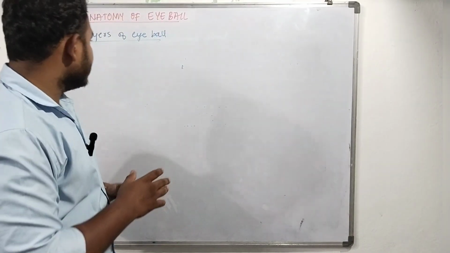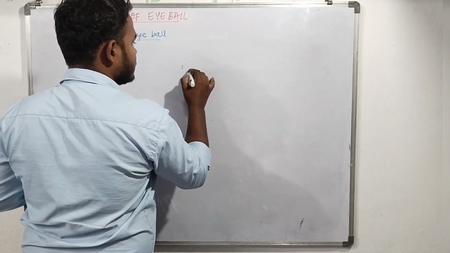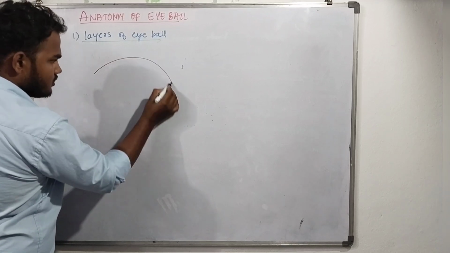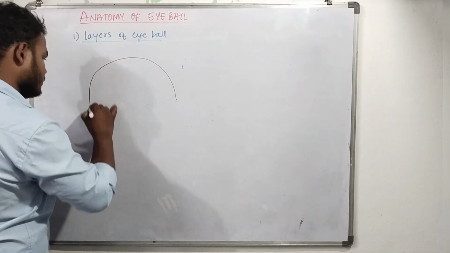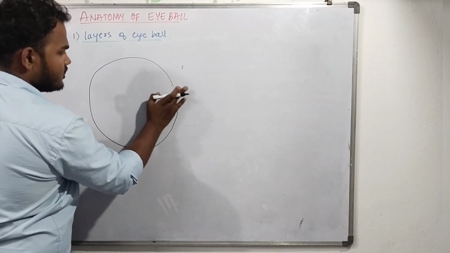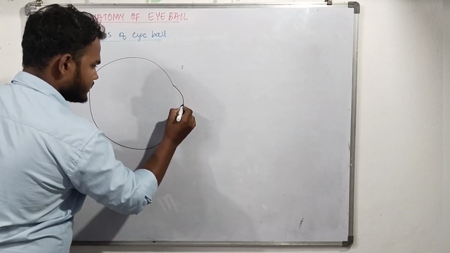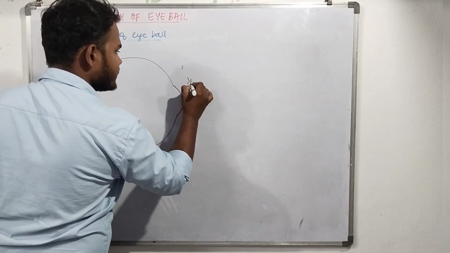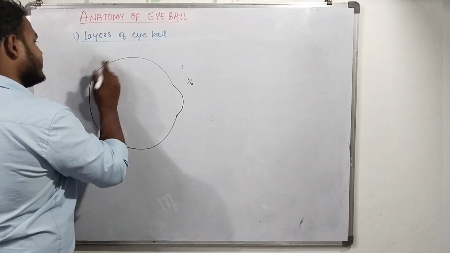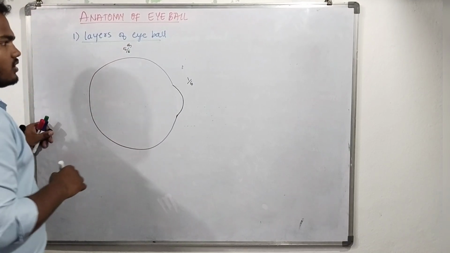Here you will see a rough diagram of the eyeball. Okay, let's see this. It is a circular orbit. In that the anterior 1/6 is transparent, and posterior 5/6 is fibrous.